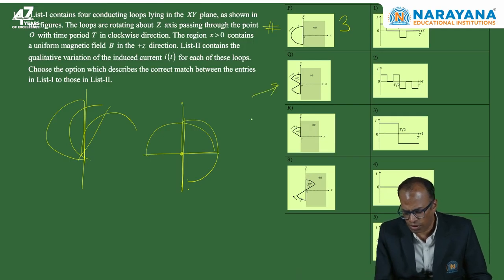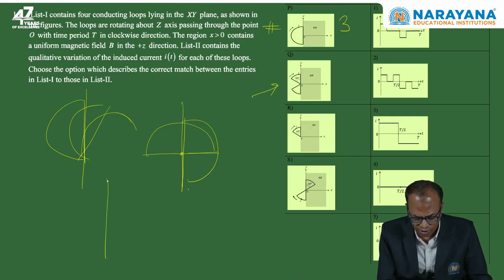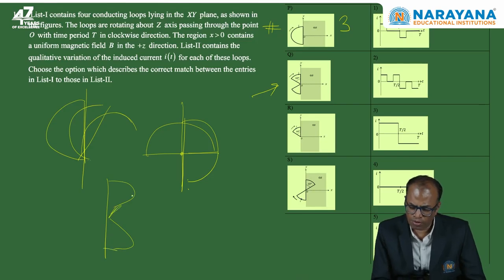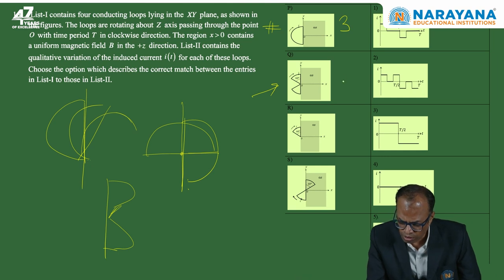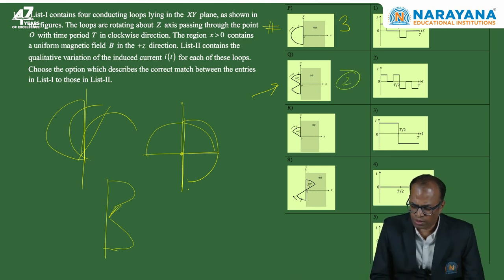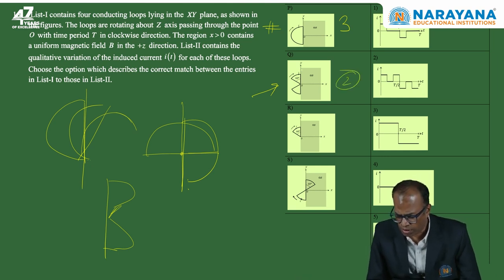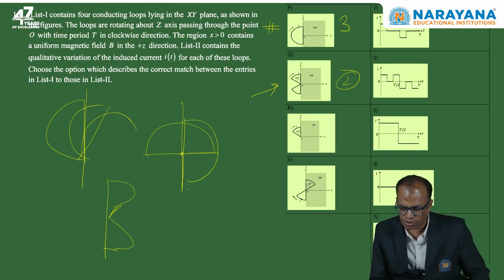And then for another 60 degree, the flux will again increase, and then this would have entered completely into the magnetic field. So increasing, then constant, then increasing means the sign will remain the same, but it will have a break. So clearly graph 2 shows this, that we have a certain current, then current is 0, then again the same sense of current, then the current reverses direction.